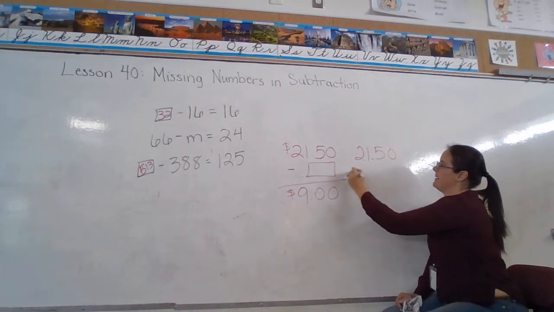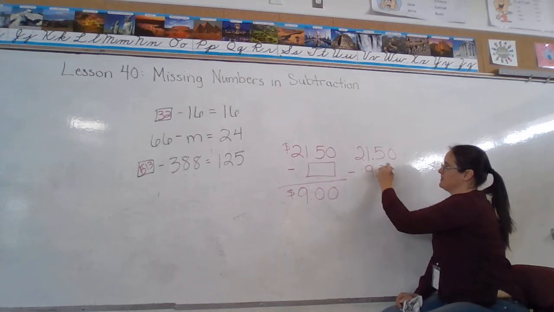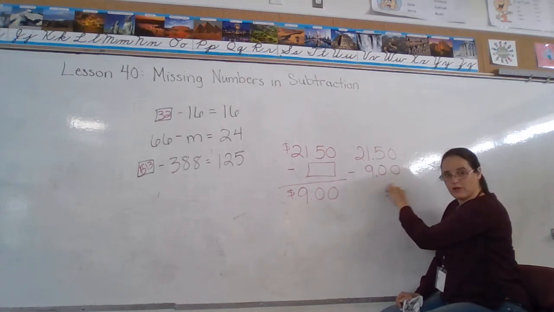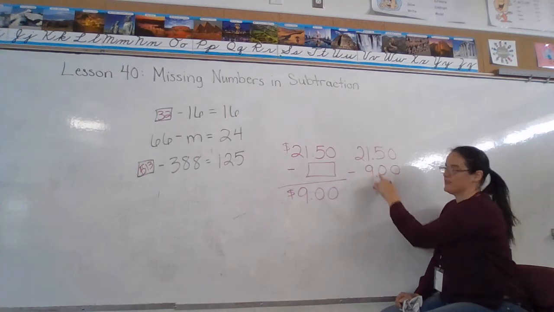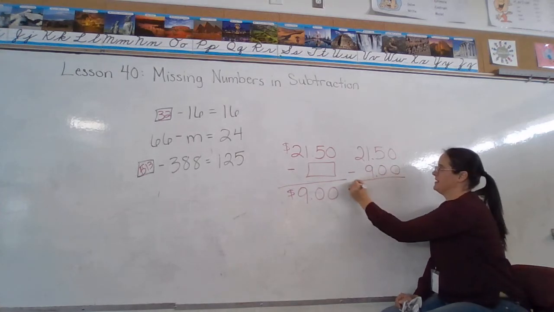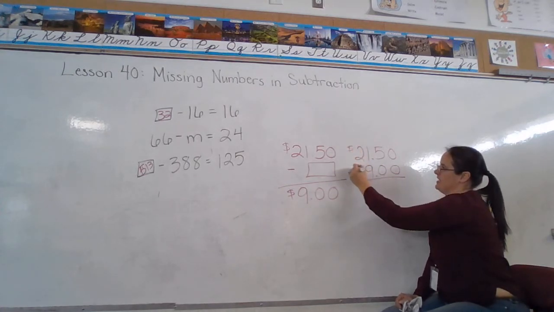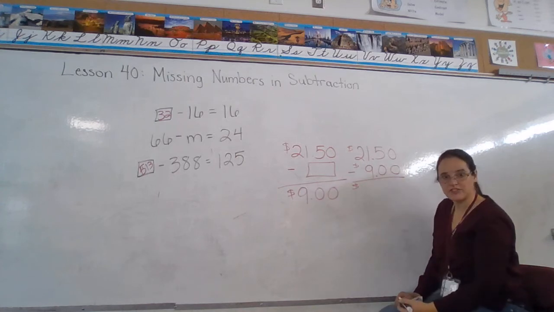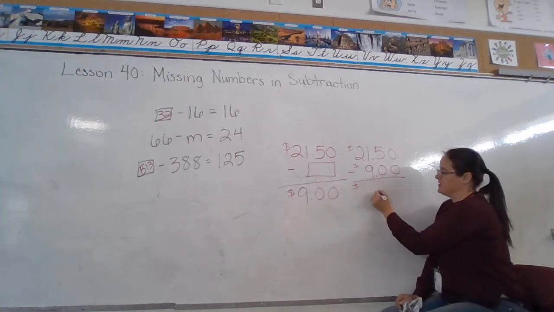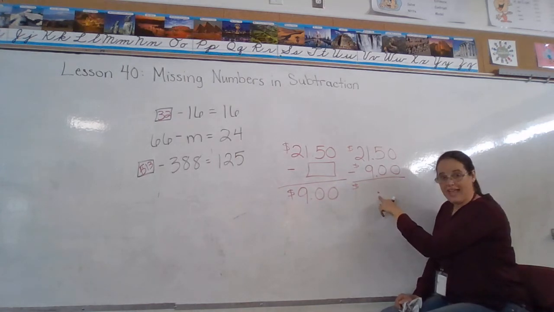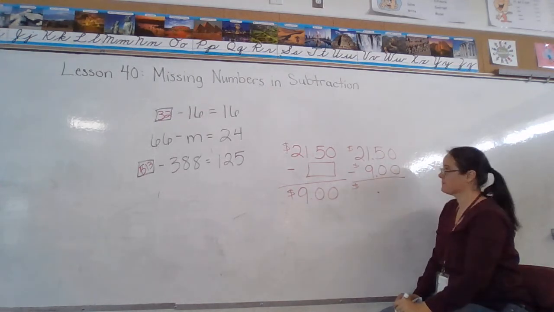$21.50 minus $9. Make sure you fill in the 0, 0 for the change here so that your decimal points line up. It's money, so we want a $ sign in our answer as well. Make sure the decimal point in your answer is filled in there.